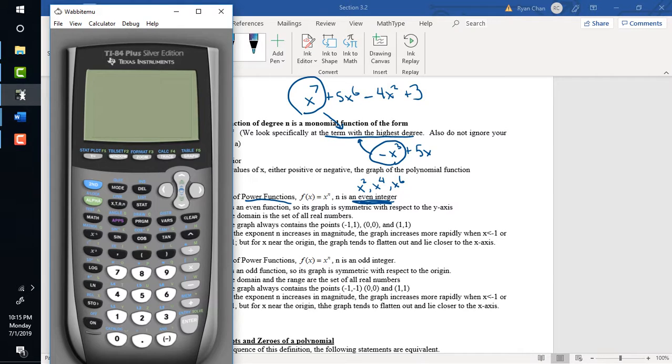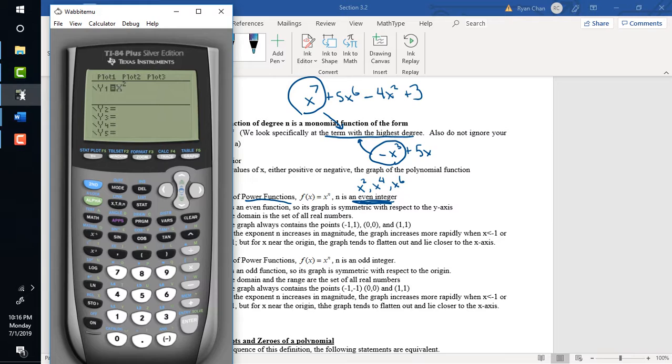If I graph x squared, I can see that as I'm going towards the left and right, it's going up. It's going in a parabolic shape, a U shape towards the middle.